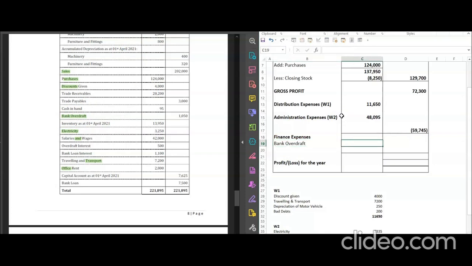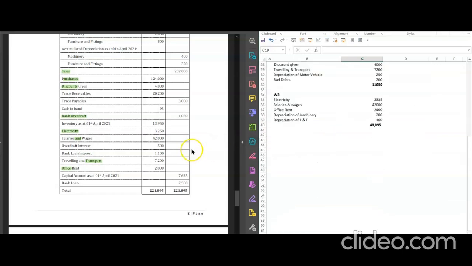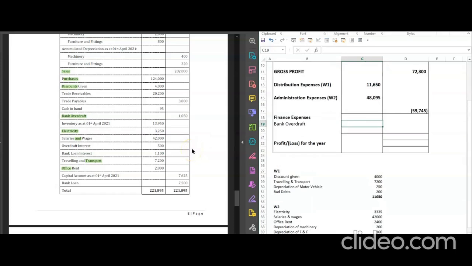That is 1,050. Is that correct? No, that is not bank overdraft. That is bank overdraft interest. So you should be very careful when you are taking this bank overdraft interest. That is 500.